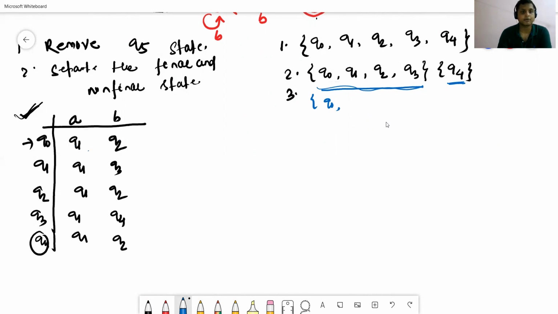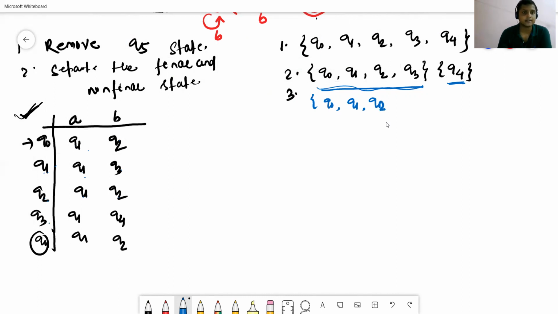Q1 reads A, goes to Q1; Q1 reads B, goes to Q3. Q1 and Q3 are both non-final states, so Q1 belongs to one state. Q2 reads A, goes to Q1; Q2 reads B, goes to Q2. Since Q1 and Q2 are both non-final states, it belongs to one state.